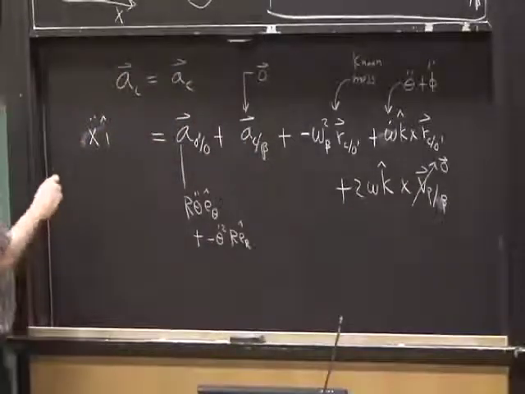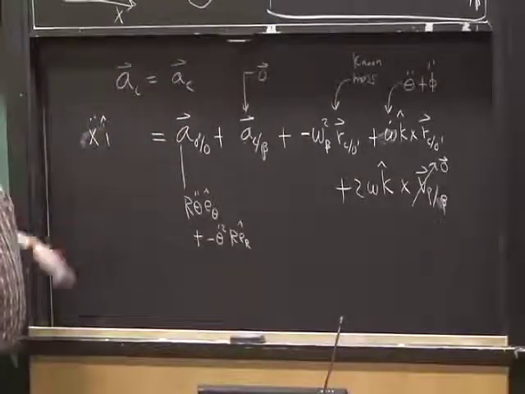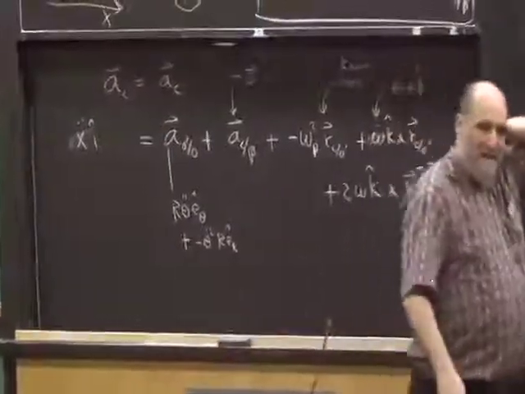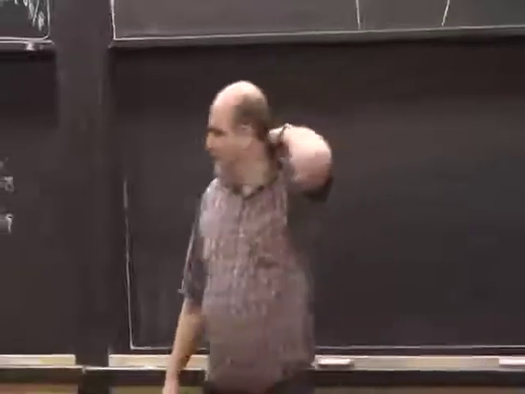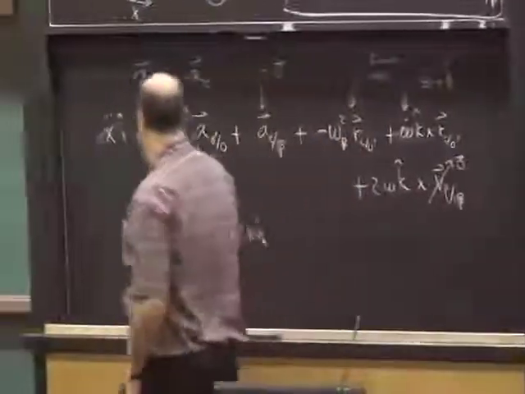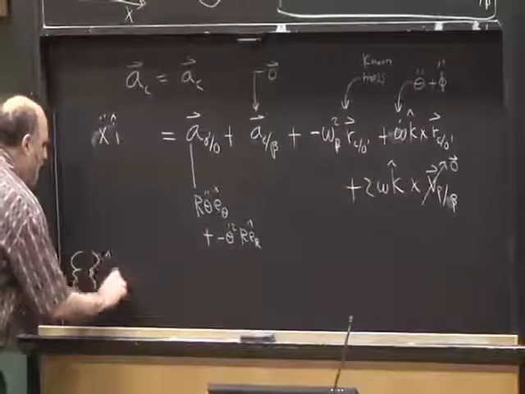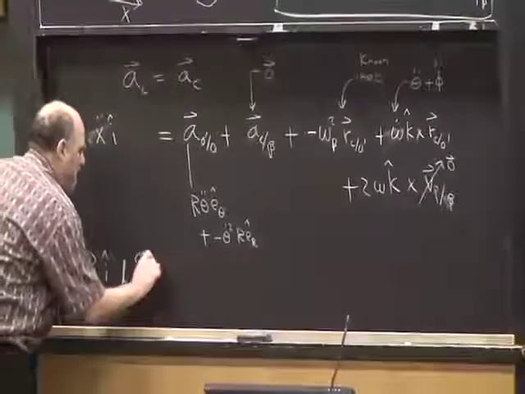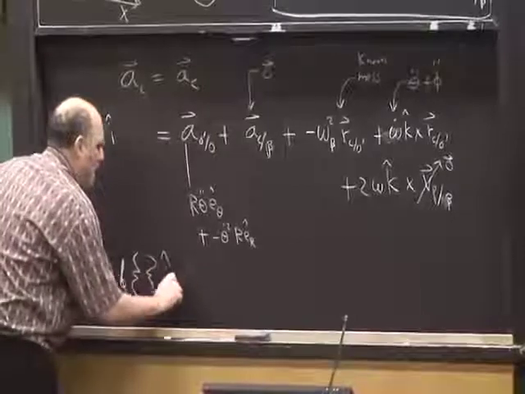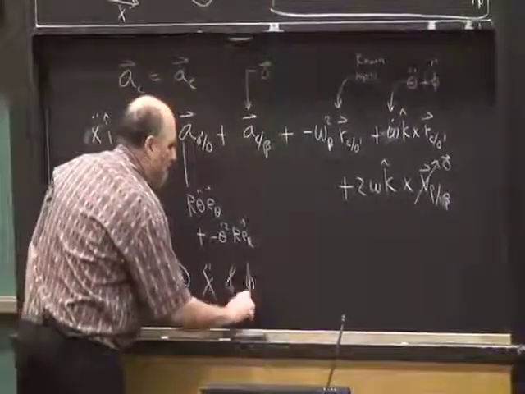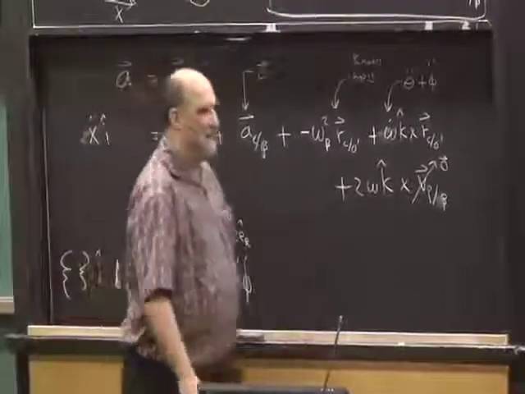So what we have is two unknown scalars in this equation, x double dot and phi double dot. If we dot with I and dot with j, we get two scalar equations. So we can solve for this. It will tell us then x double dot and phi double dot. It's a mess, but it's all doable.